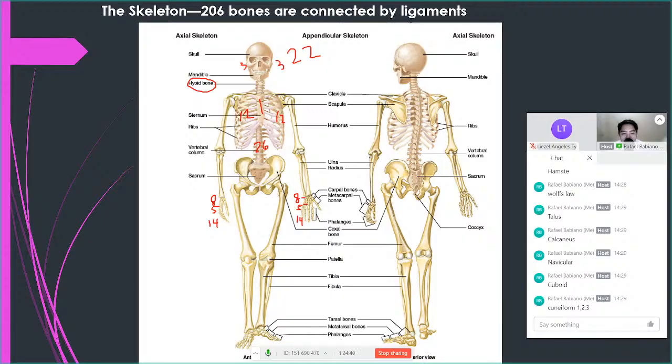Then in your lower extremity, 7 tarsals in the foot, 5 metatarsals, 14 phalanges. Same on each side. Together with the long bones, the humerus, radius, ulna and so on, that results in 206 bones.